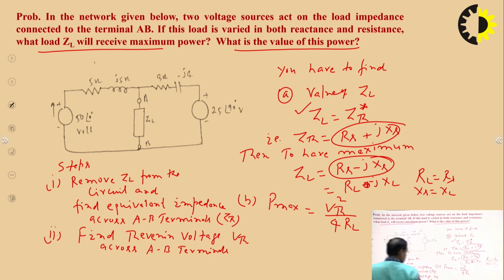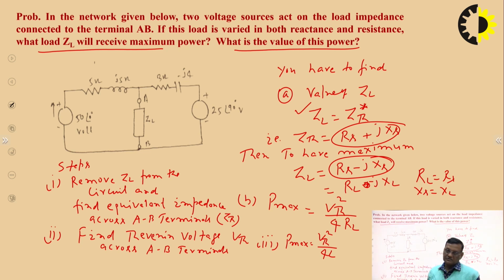And the third is P max is equal to VTH square upon 4 RL. So basically there are 3 steps to carry out problems based upon the maximum power transfer theorem.